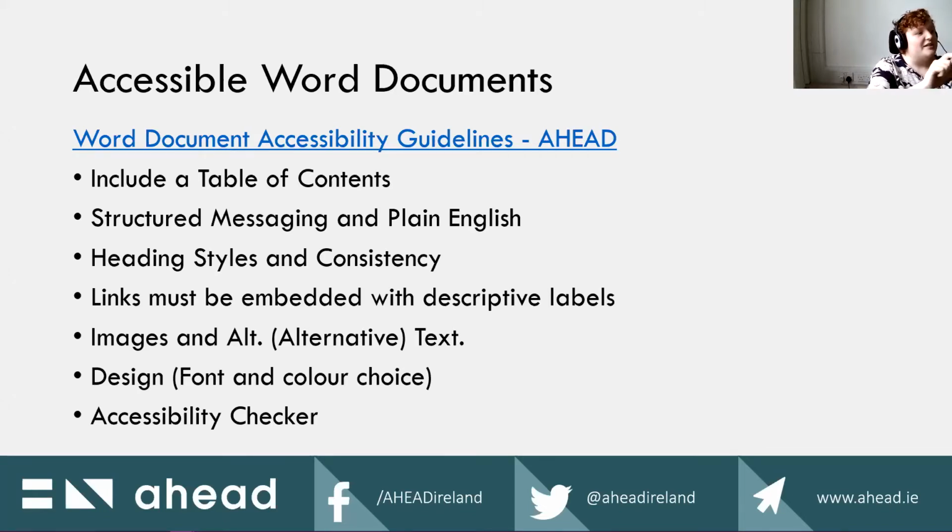And again, images, if you place them in line in a document, it will automatically make the read order of your document more sensible. Links must be embedded with descriptive labels, again, for people with perhaps anxiety or with screen readers. Headings and style consistency, which makes the table of contents much easier, but is also in and of itself helpful. Structured messaging and plain English.